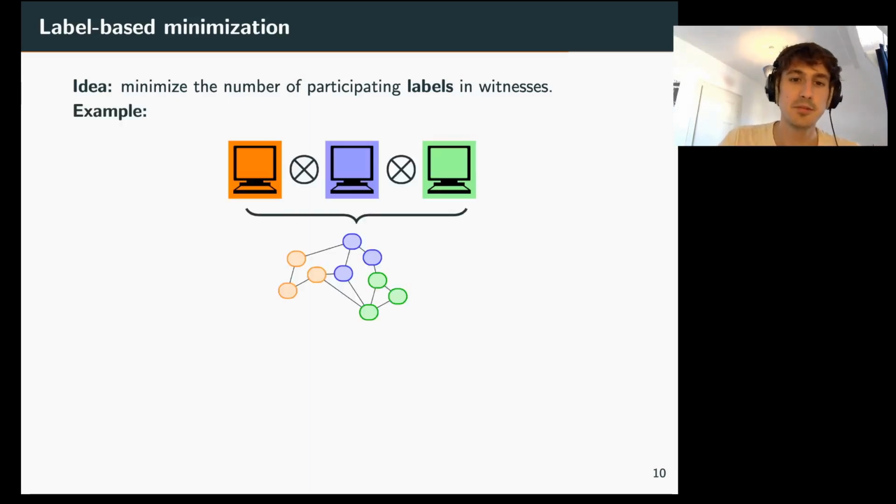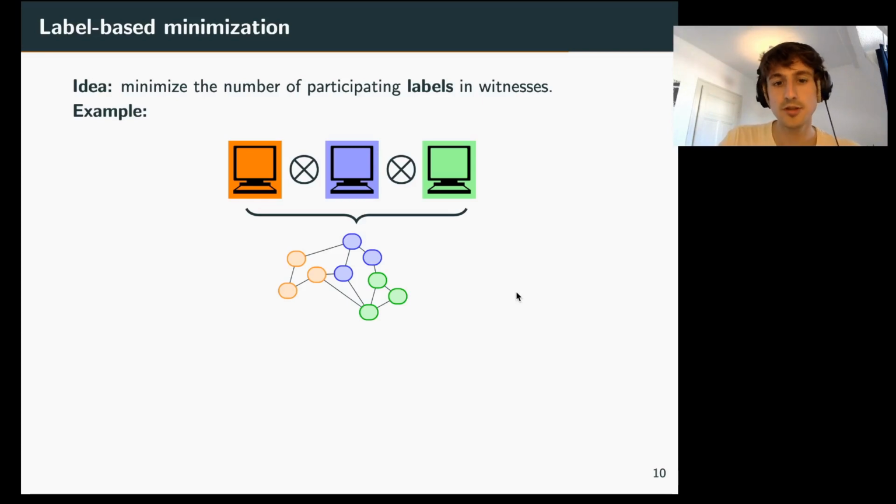As an example, imagine that the system that you're modeling is a compositional system with 3 participating components. In the composite system, each state has one of these 3 components active, and you label them with the corresponding color.